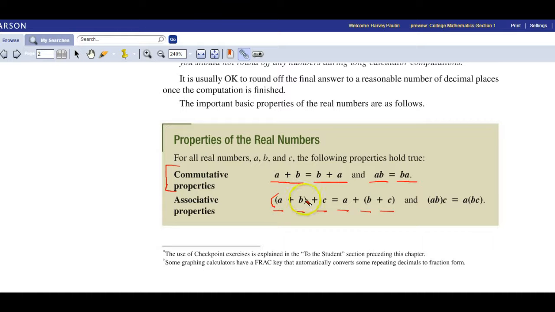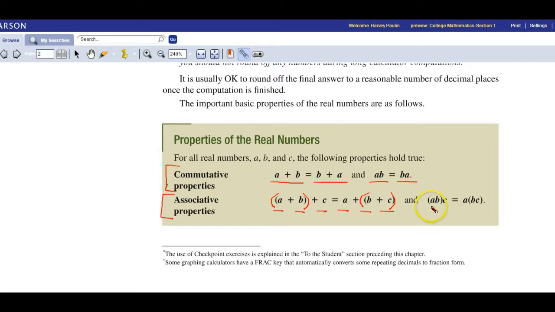Here, we're grouping the A and the B, and here we're grouping the B and the C. Now, grouping indicates that we're going to do this first, then add the C. Here we're going to group these or add these first, then add the A. And we're saying that is completely legal and legitimate. And this type of thing is referred to as the associative property, how you are associating or grouping something. The order is the same, you're just grouping them differently.